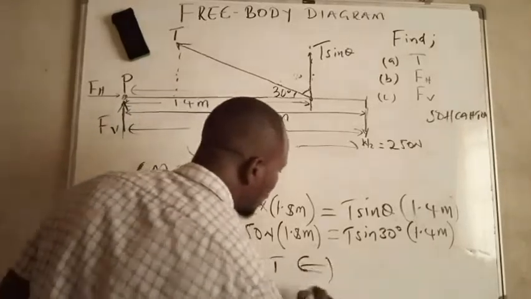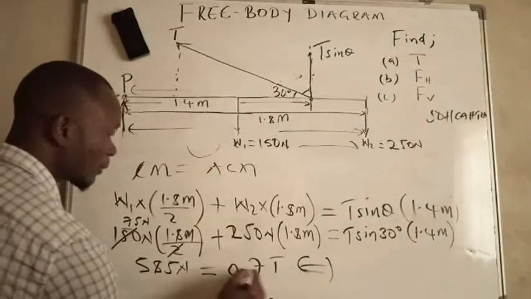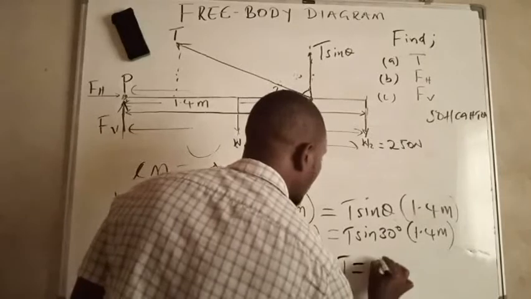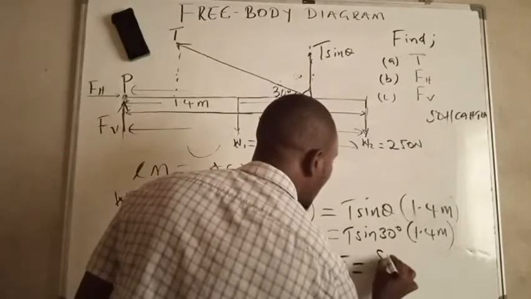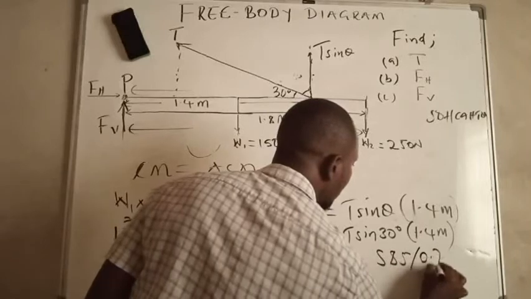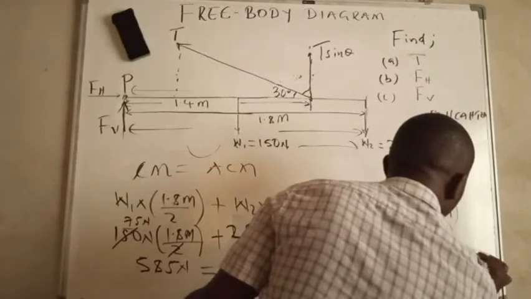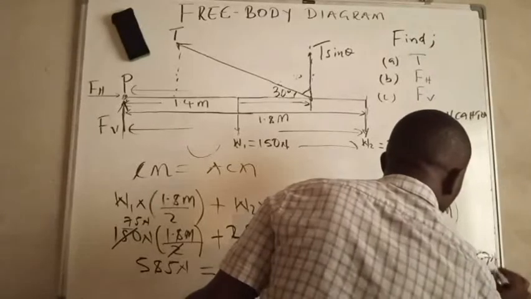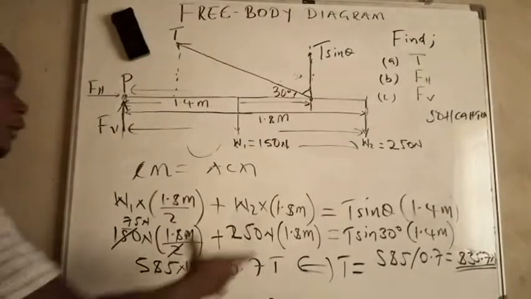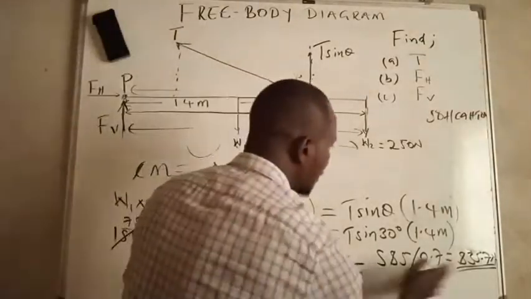So we can simply divide by 0.7. T is equal to 585 divided by 0.7. We are going to get 835.7 newtons. This is the value for this tension.